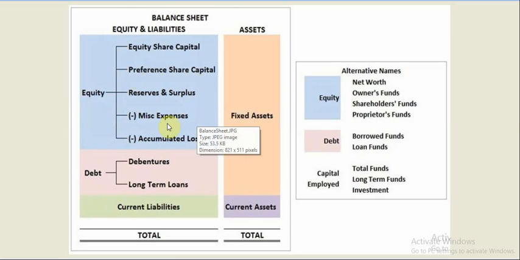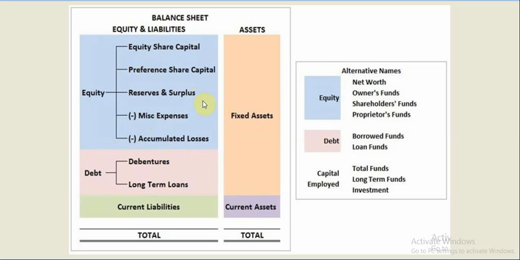And then we have miscellaneous expenses. Miscellaneous expenses are those expenses that have been incurred but are still not written off. So those are miscellaneous expenses. They have to be reduced from this balance. And we have next accumulated losses. Accumulated losses are similar to accumulated profits. We include accumulated profits in reserve and surplus, right?